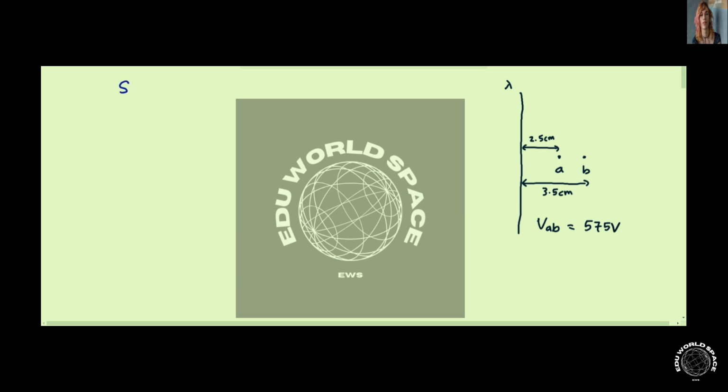To do part A, we'll be using the formula in the textbook. It is derived that VA minus VB is equal to lambda over 2 pi epsilon naught times natural log RB divided by RA.